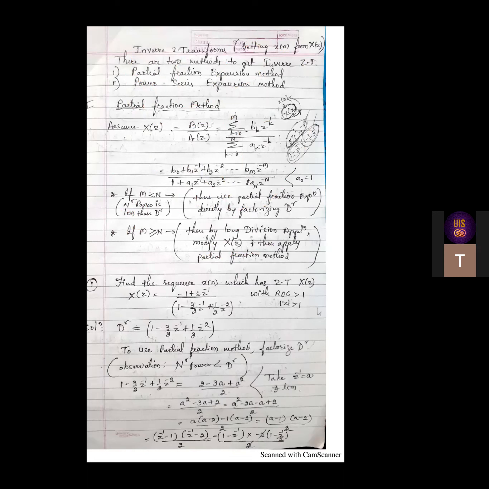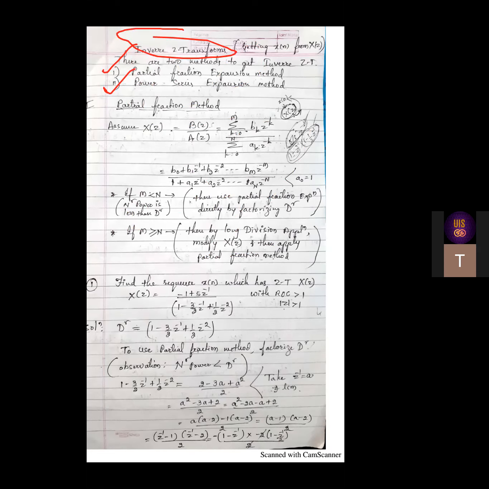There are two methods to find the inverse Z transform. The first one is the partial fraction method, and the second one is the power series expansion method. Partial fractions, this part you have already studied in your basics of mathematics, probably long back, but let us recall those things.